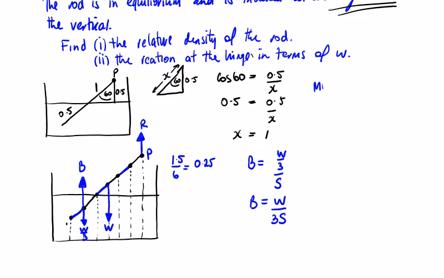And my moments about P are going to be my B. Well, how far is B away? 1, 2, 3, 4, 5 of them. So B, which we know is W over 3S, times 5, well, 0.25 is 1.25.